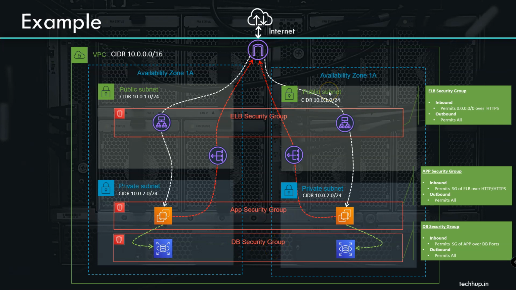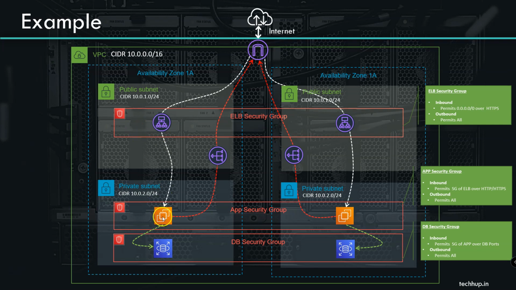So this is a real world implementation of security group referencing, and this lays down a very secure layered security in this best practice architecture to deploy an internet facing web application.